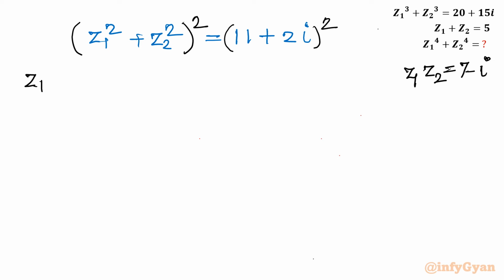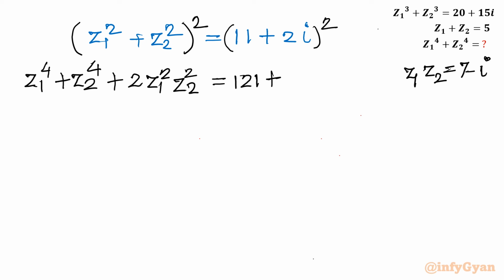So I will write z1 power 4 plus z2 power 4 plus 2 z1 square z2 square. Right hand side, again I will apply the a plus b whole square formula. So 11 square is 121, plus 2i whole square is 4i square, plus 2ab, so 44i.